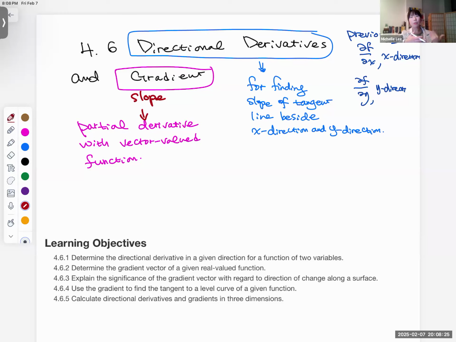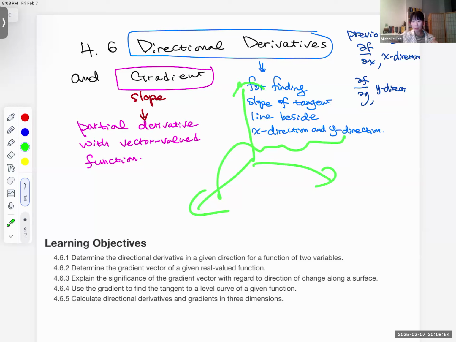So basically, we want to find the slope in any other direction, right? Beside the x direction, beside the y direction, right? So we have the directional derivative. So we have the curve in 3 dimensions, right?